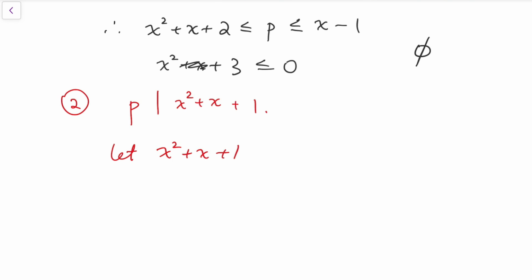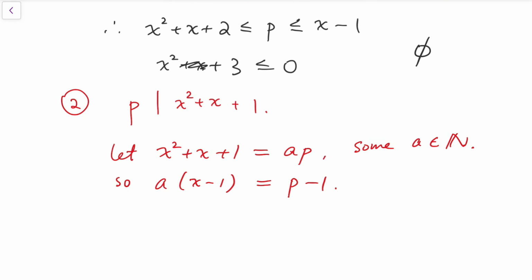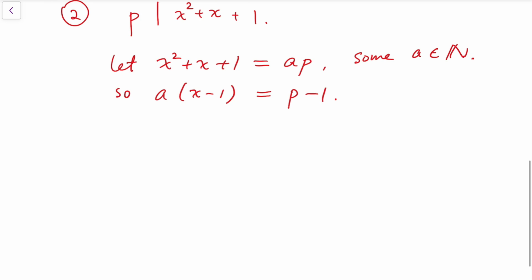Let x squared plus x plus 1 be, say, a times p, some positive integer a. And at the same time, again, we want the product on both sides to be equal. So we have a times x minus 1 equals p minus 1.